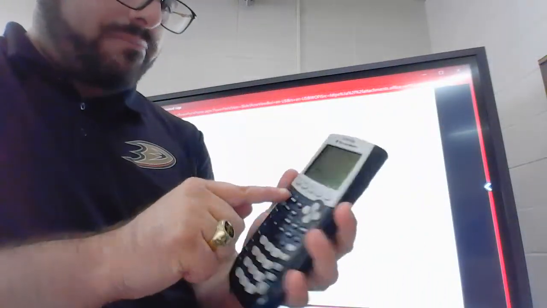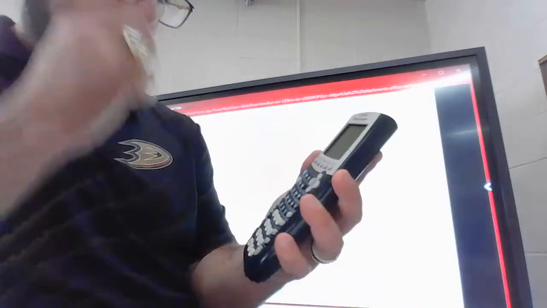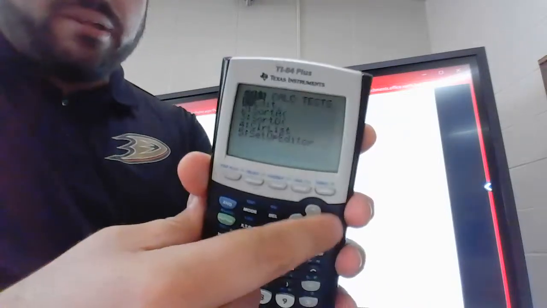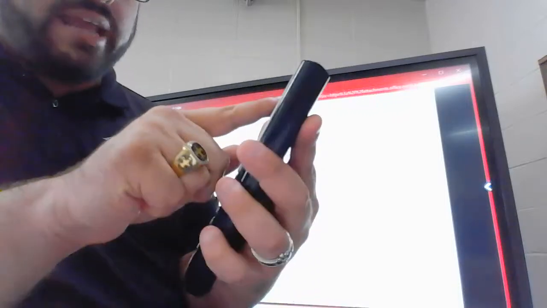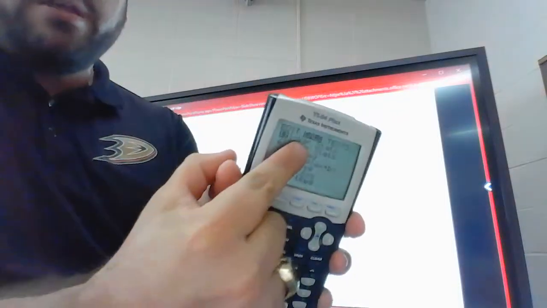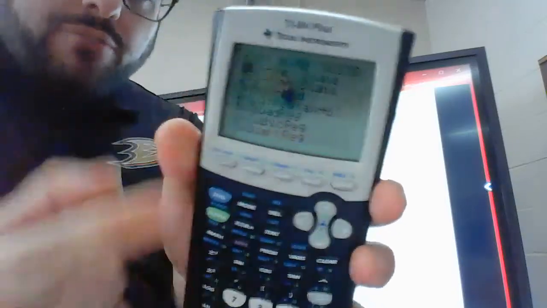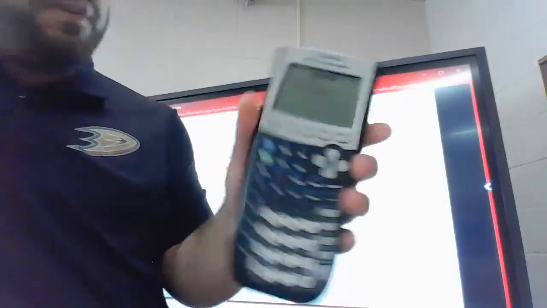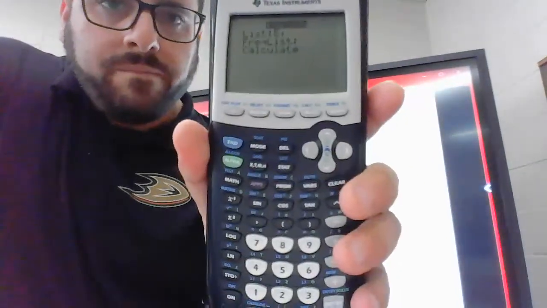So next, I'm going to press second and mode to get out of that. I'm going to press the stat button again, and this time I'm going to scroll to the right where it says calc, the calc menu. And I'm going to choose this first option right here, first variable statistics. And if your list pops up as L1, then we're just going to keep pressing enter until we get a list of data values.